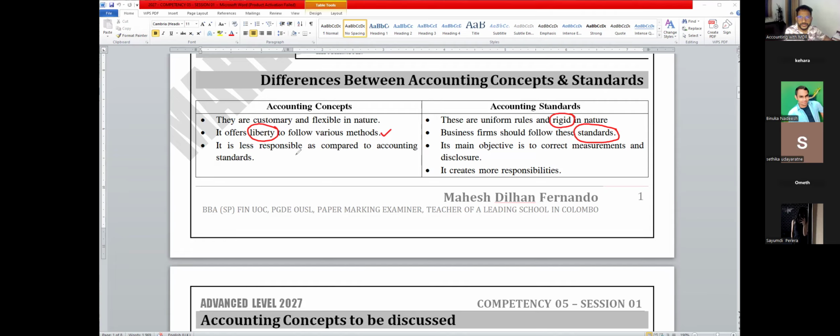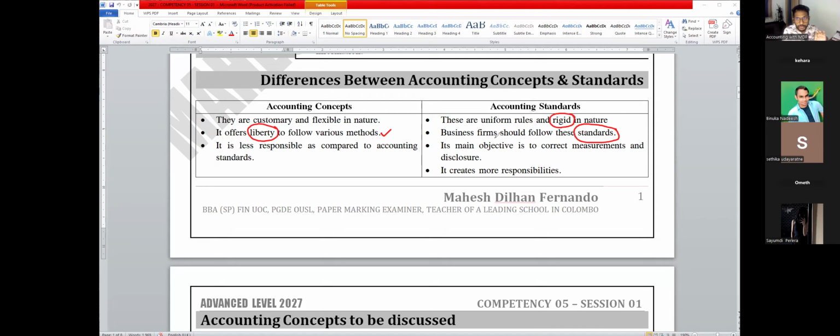It is less responsible compared to accounting standards, because there is a liberty, a freedom, and you can use your own ways. But when it comes to accounting standards, previously I told you, accounting concepts are used to identify and measure the accounting elements.